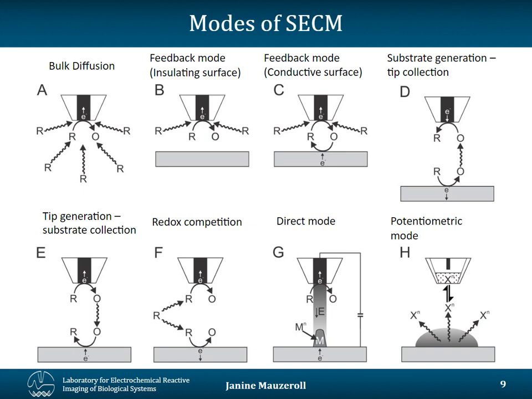And we can see that you can also collect a species that's formed at a surface in D. You can compete with the consumption of a species in solution, which is called redox competition mode in F.